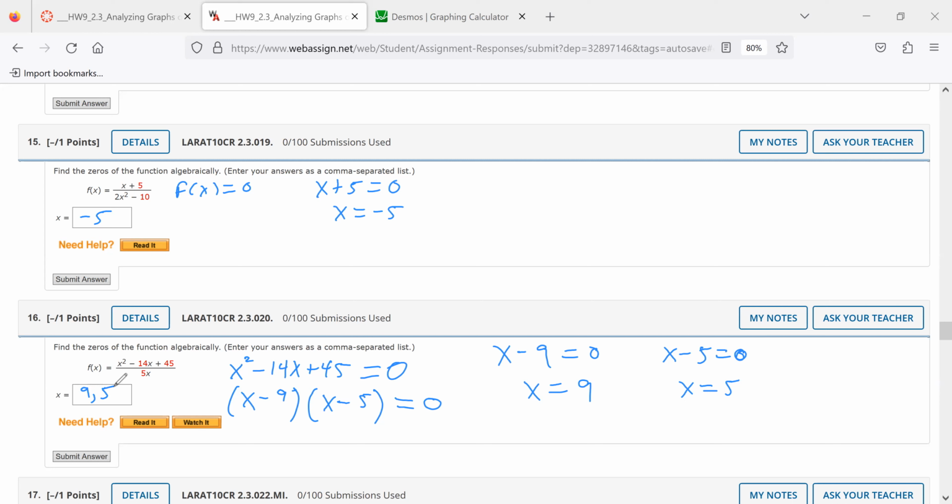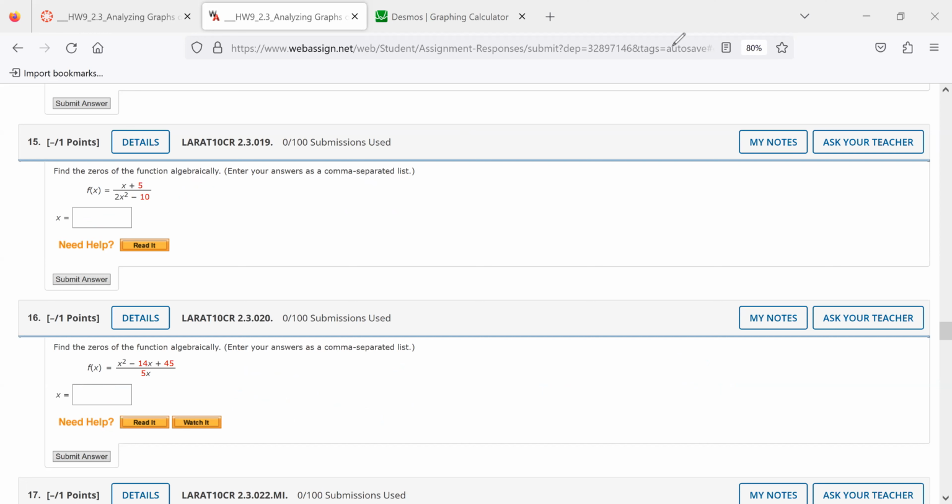Any questions on finding zeros? You see how the process will depend on what type of function you have. But basically, you're just doing algebra, right? Okay, so let me know. You can go over anything.